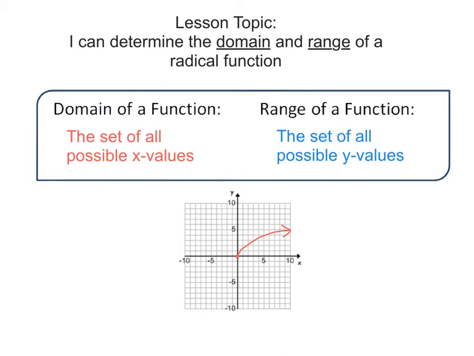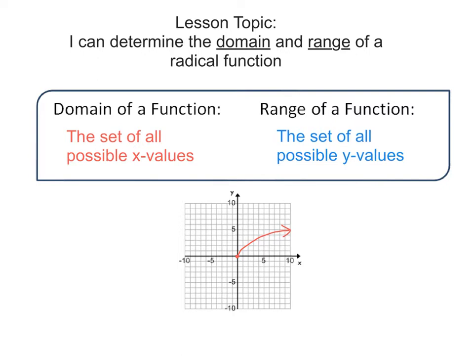So the leftmost x value for this curve is 0. But the rightmost, because it has an arrow showing that it extends forever to the right, means the possible x values for this red curve go infinitely to the right.